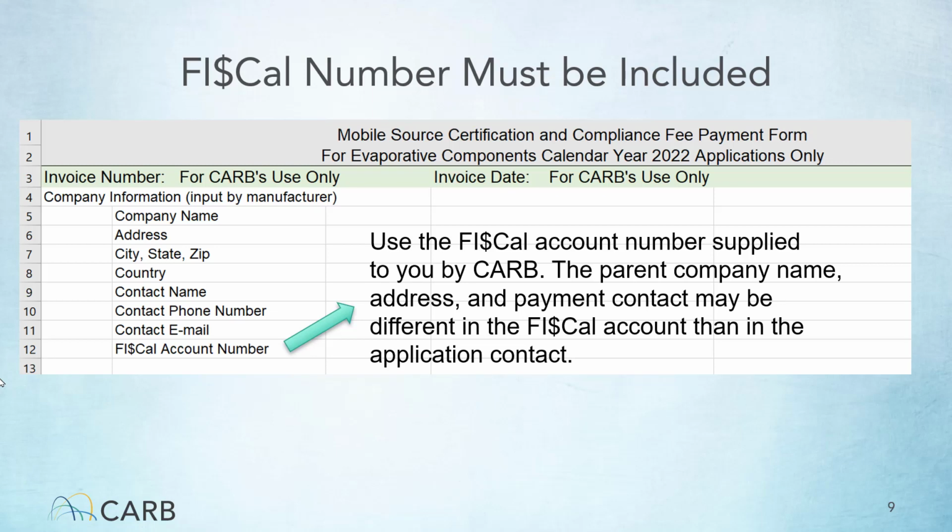For more details about the FISCAL state accounting system, please review the March 8th overview workshop information. You can use the web page link provided on slide 3 to access the overview information. If you cannot locate your FISCAL number within your company, contact me. My contact information will be at the end of this tutorial.